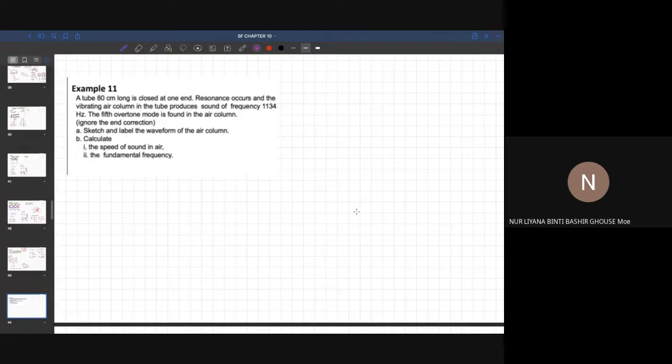Okay, very good everyone. N kita is equals to 11. Okay, awak tengok, N equals to 1, 3, 5, 7, 9 and 11. So again this one is the fundamental overtone.